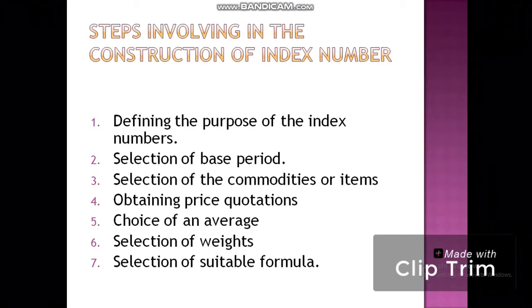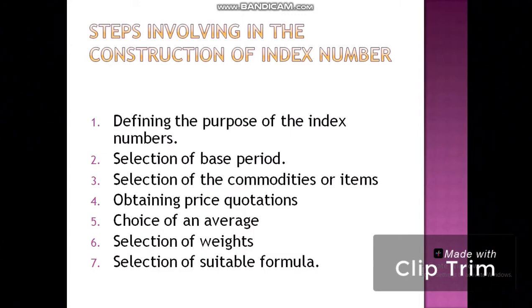The next step is the selection of weights. Here weight actually represents importance. So if any good or item is important to us, what will we do? We'll use more of it, isn't it? Yes, we'll use more. So that is why we will consider the quantities of production or quantities of consumption in the base year or in the current year, or sometimes a combination of both as weights.